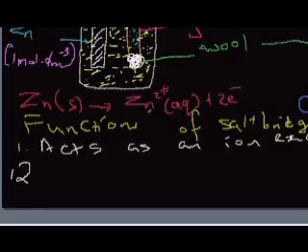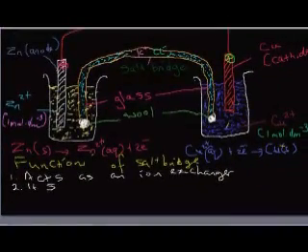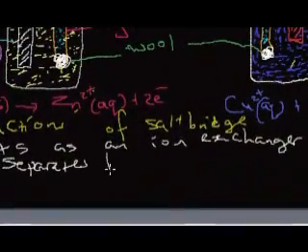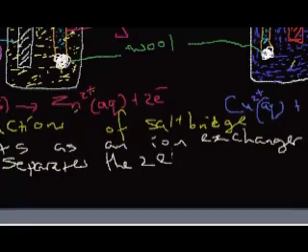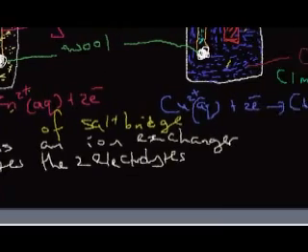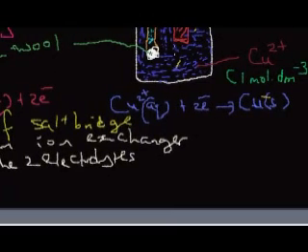That is, it separates the two electrolytes. So our salt bridge itself separates the two electrolytes, meaning to say that, as you can see, we're having our solution, which we have there, maybe zinc nitrate or zinc sulfate, and in this case maybe we're having our copper sulfate or copper nitrate.